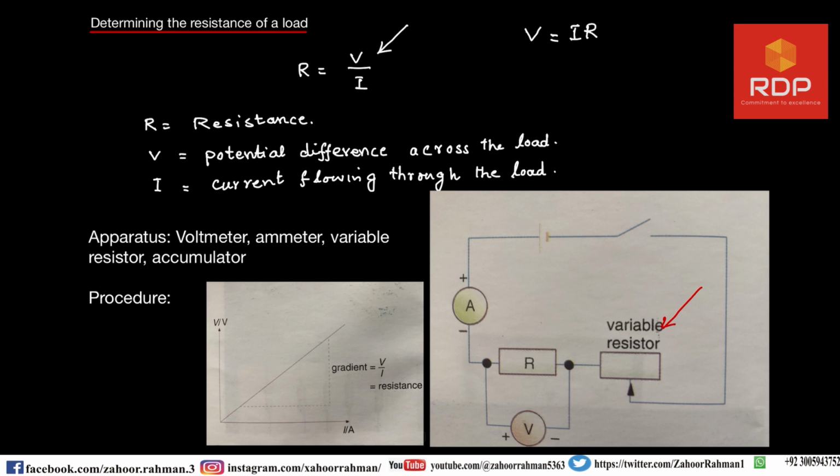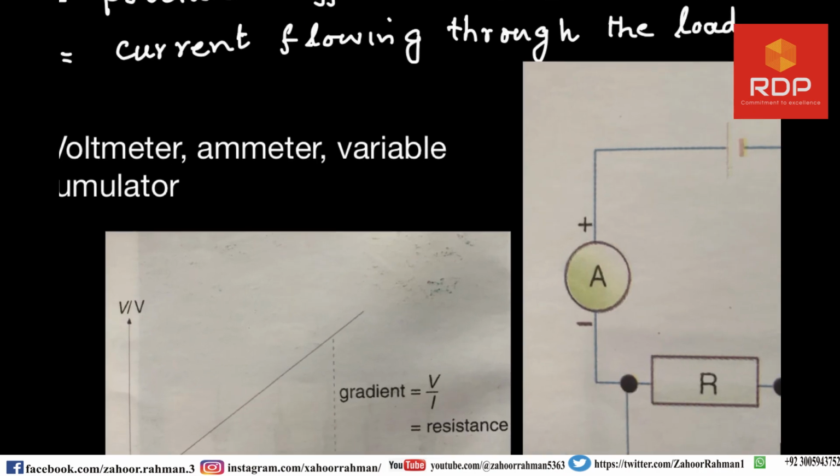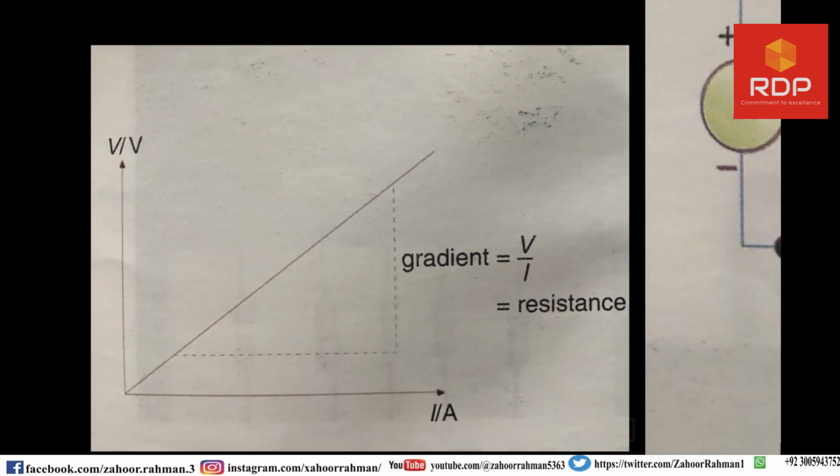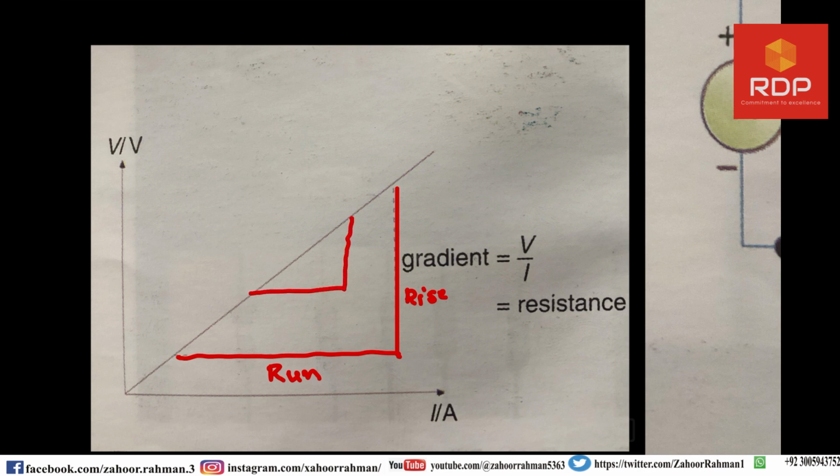You can find the value of the resistance by drawing a perpendicular 90-degree line. This is known as run and this is known as rise. So you have to find these values and find them everywhere. If you are finding this value, you are not restricted to a particular part.